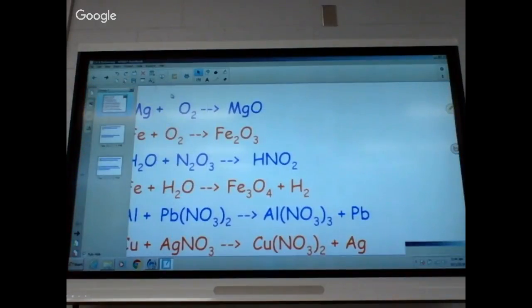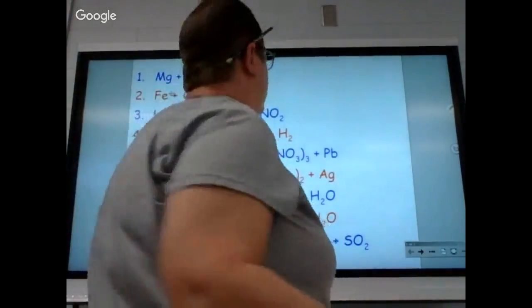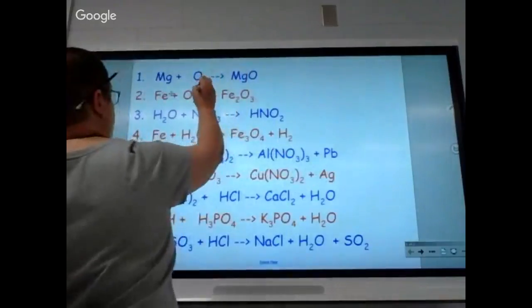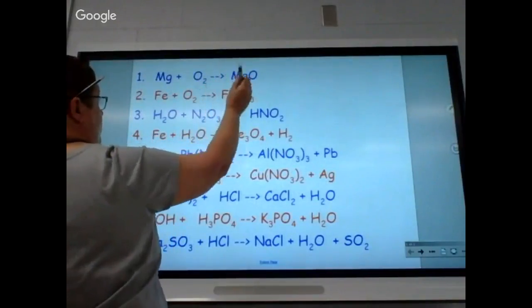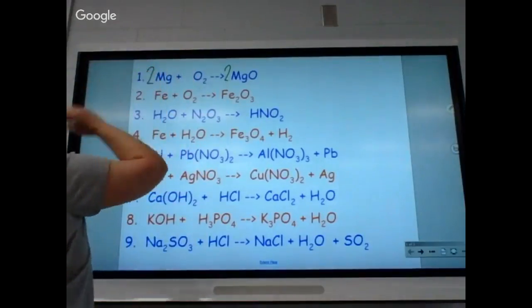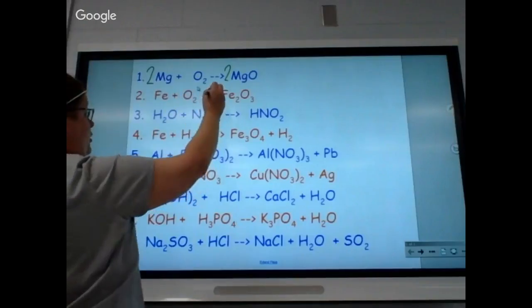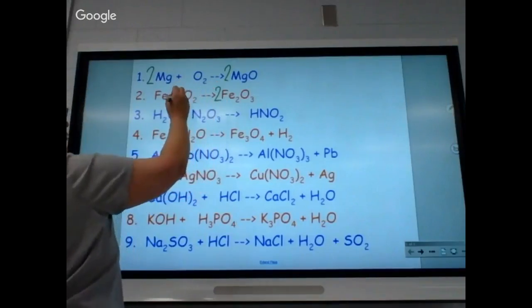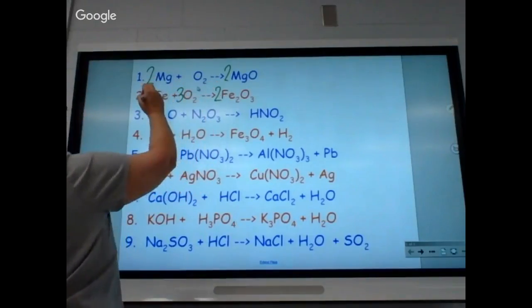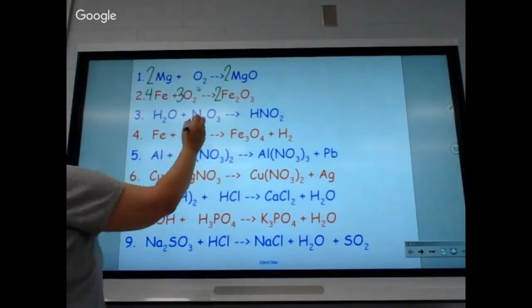All right, so in the first one, we should have 2 O's, right? So we put a 2 to balance my O's. That made 2 Mg's. 3 O's and 2 O's, so we put a 2 there to make 6, a 3 to make 6, that made 4, so we put a 4. In number 3, we had 2 N's.